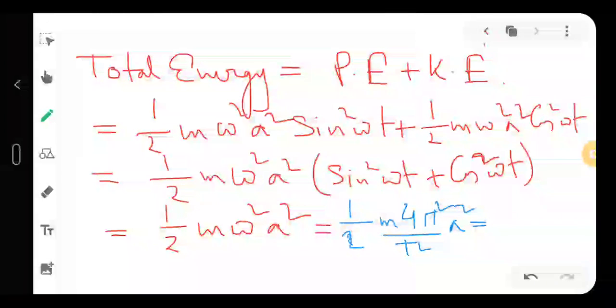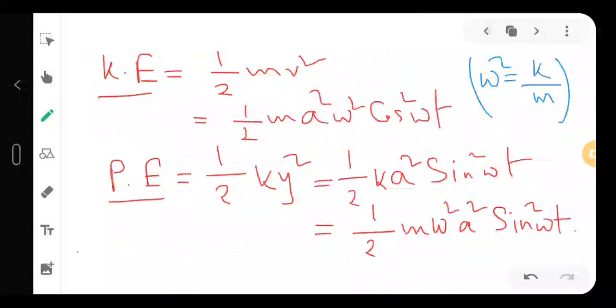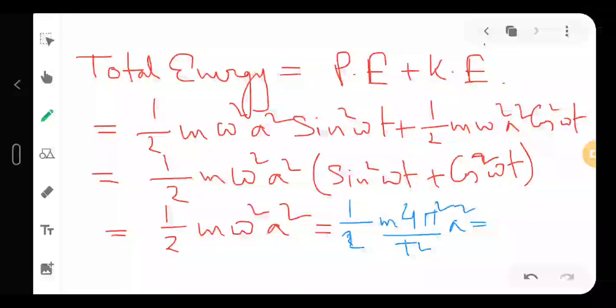And if you want to bring this formula in the form of k, instead of omega square you can write, I'm using another color so that you can differentiate those formulas, half m k by m a square. So ultimately this will cancel out, and you will get half k a square. So the total energy is half k a square.